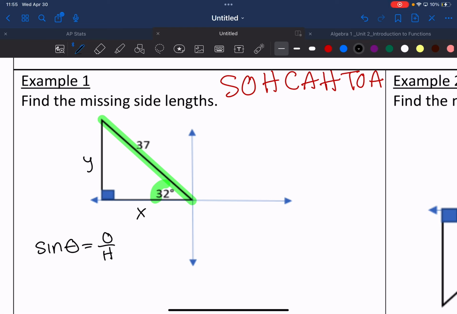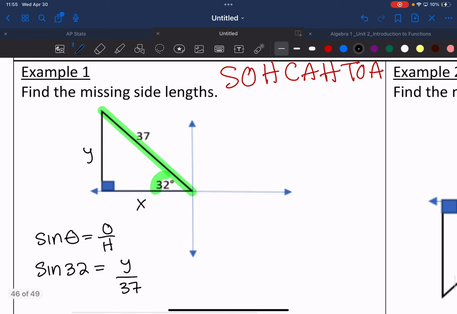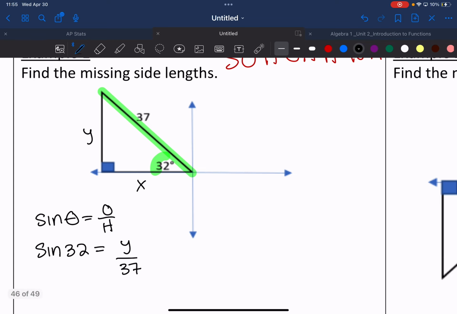Well, theta is our angle, and we know our angle is 32, so sine of 32 is equal to opposite, which is y, we don't know y, divided by hypotenuse, which is 37. Well, what do we have to do to both sides to get y by itself? Multiply by 37. So we have y is equal to 37 sine 32.